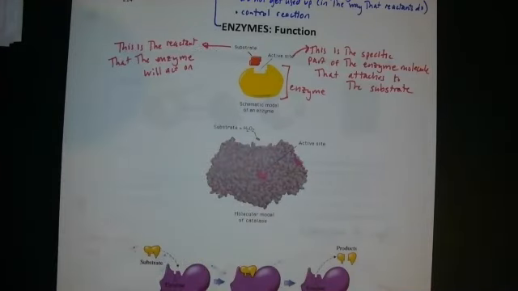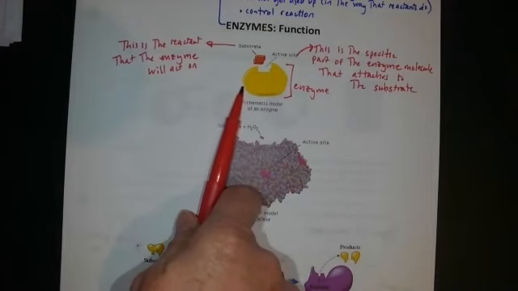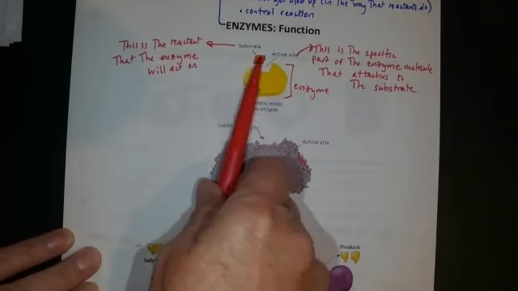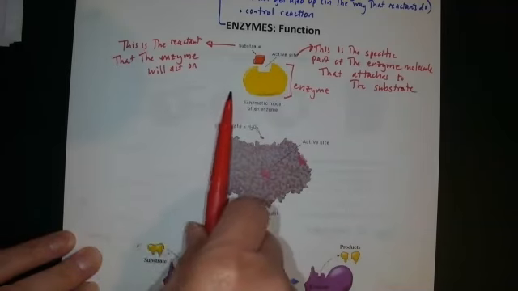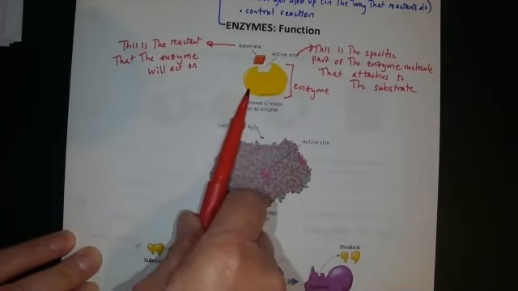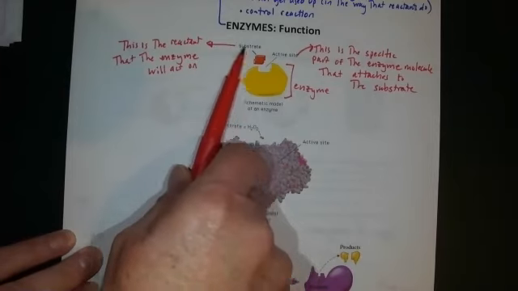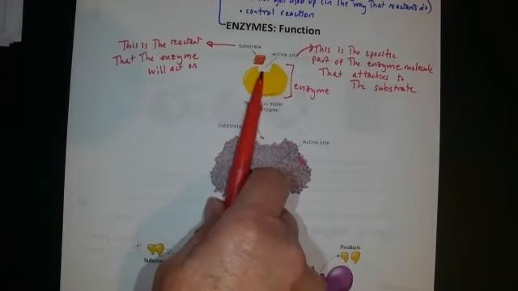So the enzyme molecule is this larger molecule with lots of different areas to it as part of its structure. If the substrate molecule comes along, it doesn't click or attach or bond at any random spot in the enzyme. There's a very specific spot where it needs to attach. If that same substrate were to approach the enzyme from this direction, it would just bounce off the enzyme molecule and nothing would happen. But if it approaches the enzyme from this direction, then it can attach at the active site.